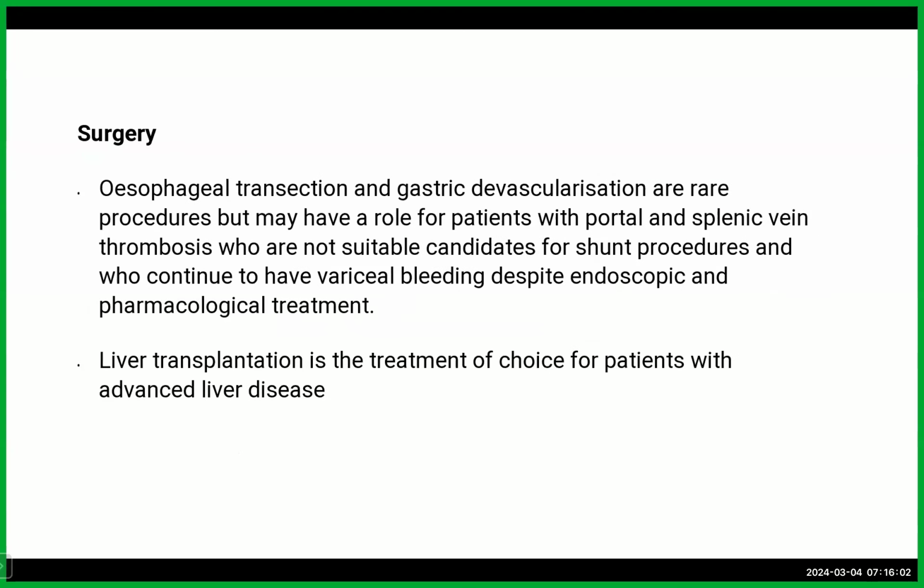Surgery is another mode. Esophageal transection and gastric devascularization are rare procedures, but they have a role for patients with portal and splenic vein thrombosis who are not suitable candidates for shunt procedures and who continue to have variceal bleeding despite endoscopic and pharmacological treatment.